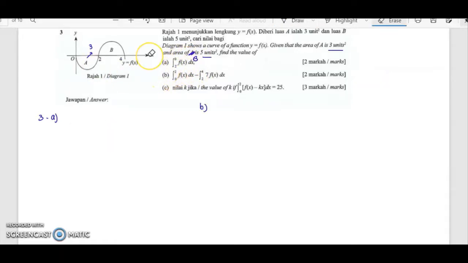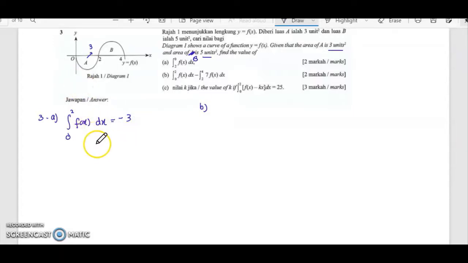Kalau daripada sini, bila kita integrate under the axis, kita akan dapat value negatif. Tapi disebabkan bila di area, kita akan letak modulus jadi positif. So, daripada 0 until 2, bila kita integrate, kita dapat nilai dia negatif.